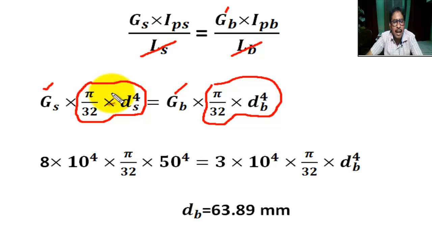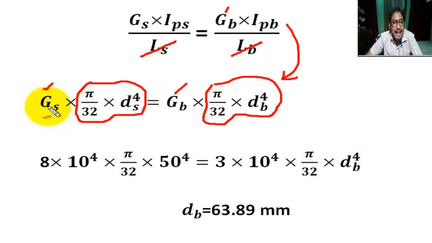Ips is the polar moment of inertia of steel shaft. Ipb is the polar moment of inertia of the brass shaft.